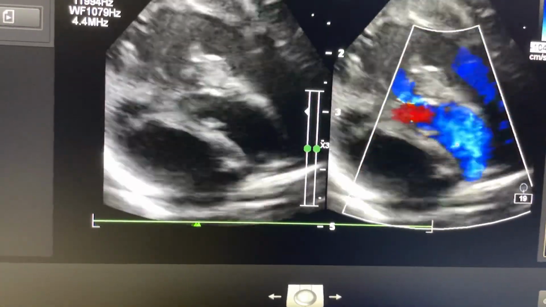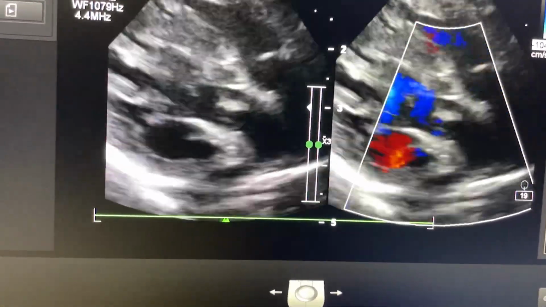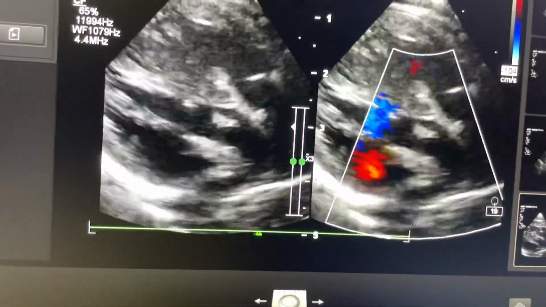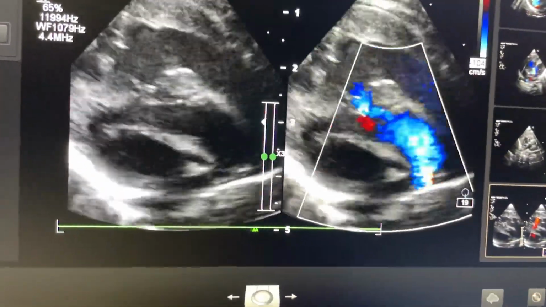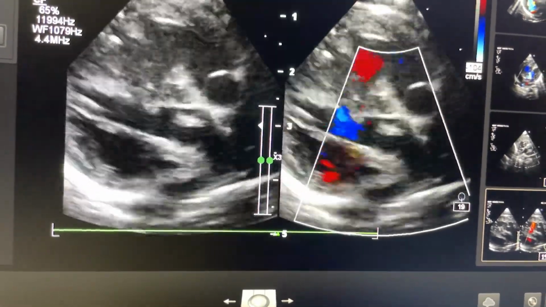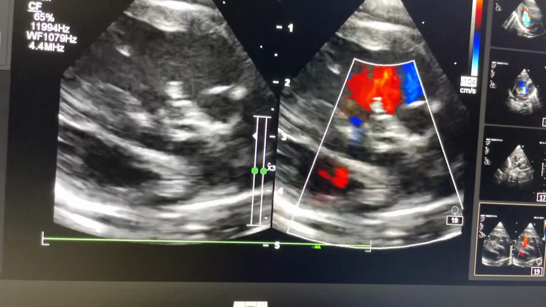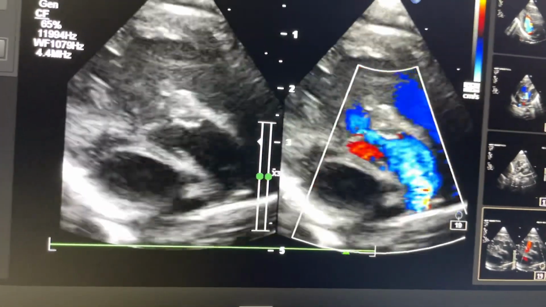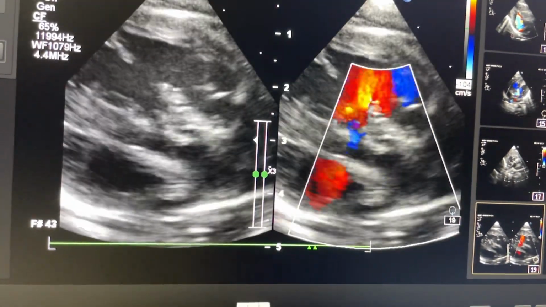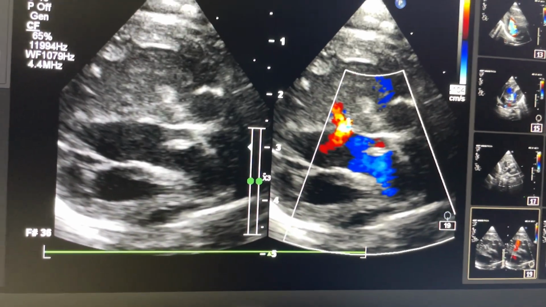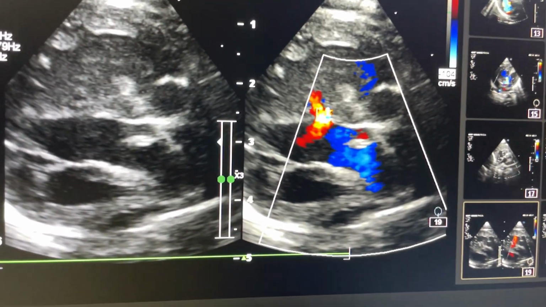Again the same thing, whereas from long view you can see here the flow across VSD is from right ventricle to left ventricle, mainly blue flow, sometimes red also, so it is bidirectional, but mainly blue flow. So this is VSD.